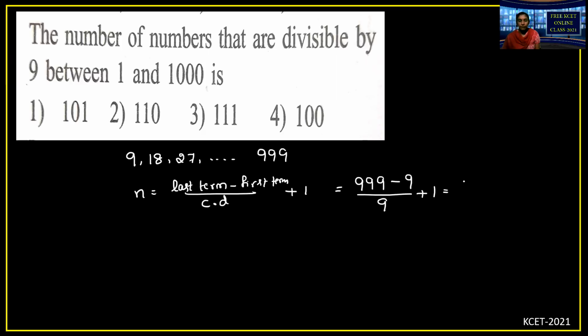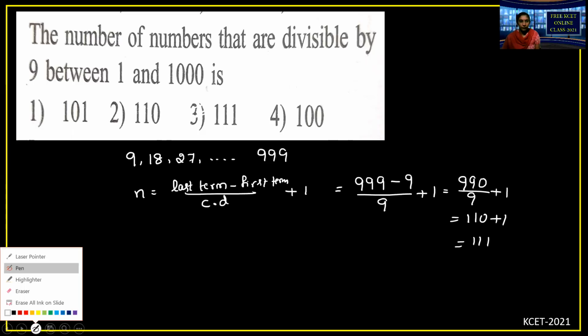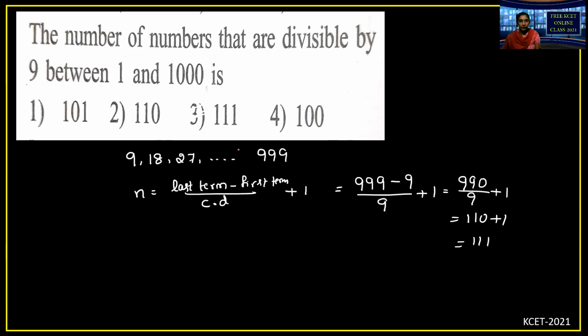That will be 999 minus 9 is 990, divided by 9, plus 1. So 990 divided by 9 is 110, plus 1, that is 111. The number of terms in this sequence is option C. That is, option C is the correct answer.